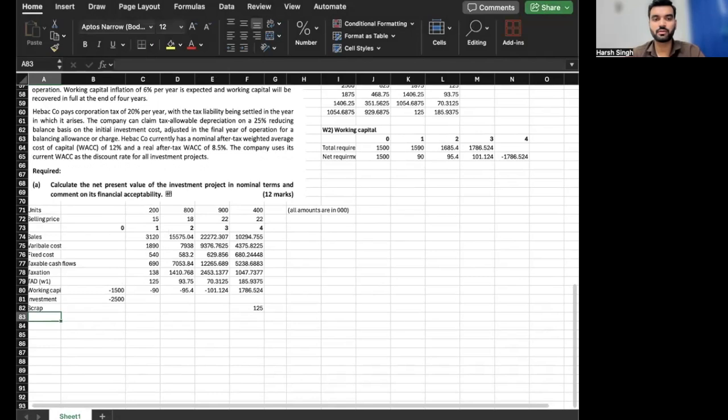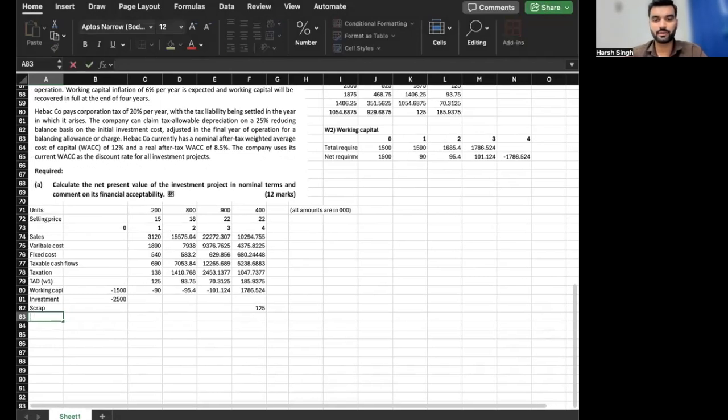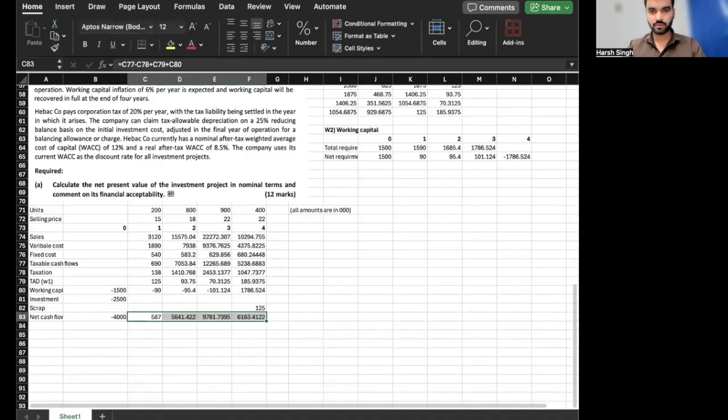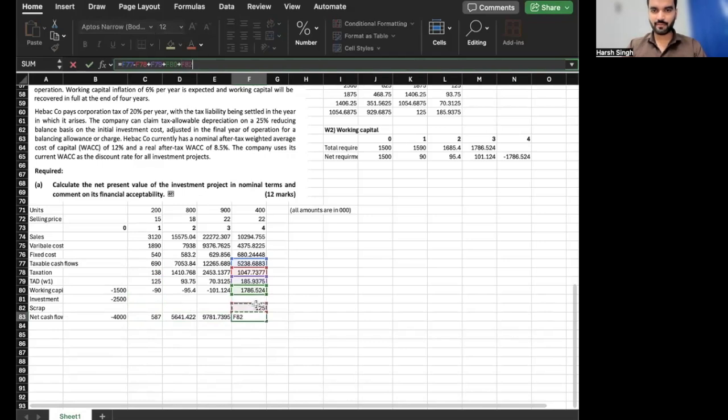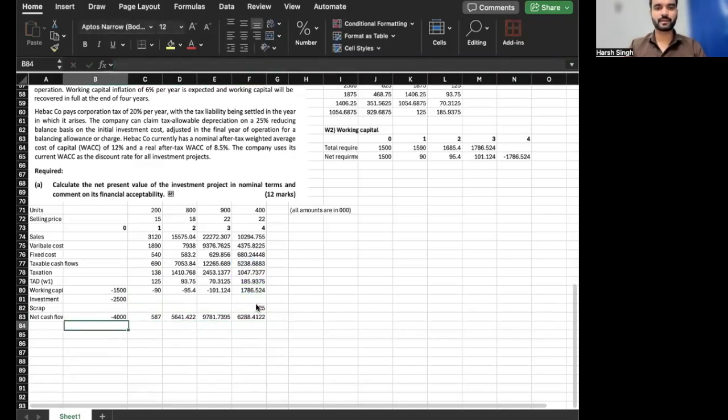Let's put down total cash flows. This amount plus this amount. Over here, taxable cash flows minus taxation plus TAD benefit. Since working capital is negative, we don't have to worry about anything else. Over here, I'll do one more thing, which is adding the scrap value. That's it. This is the net cash flows that we have.